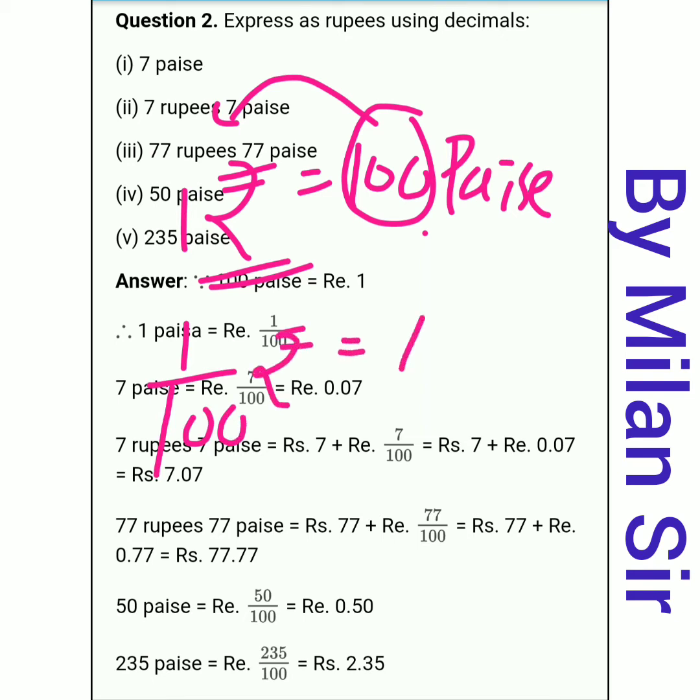So nothing remains on the right, and we can write 1. So 1 paisa is equal to 1 upon 100 rupees. That means if we want to convert from paisa to rupees, we need to divide by 100.